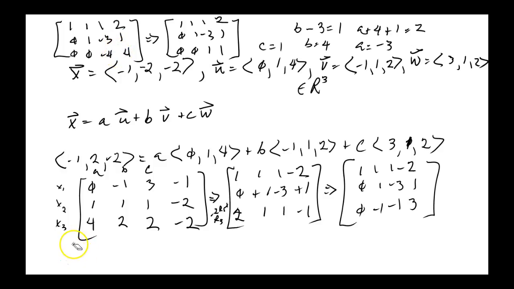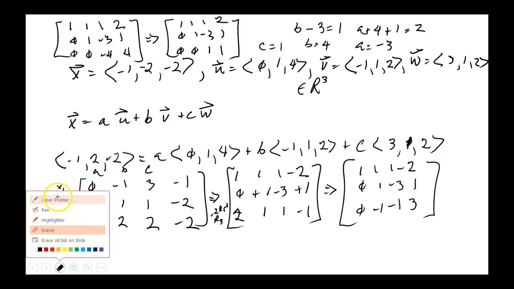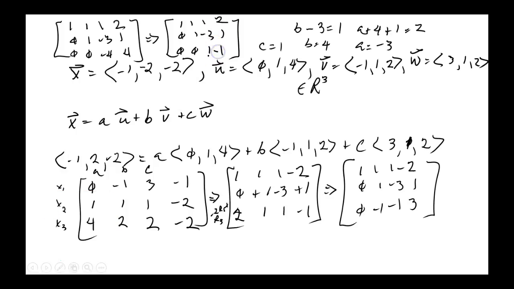Okay? And that would make this a -1 right there. So C equals -1. And then the rest of them, I think, fall through from there.